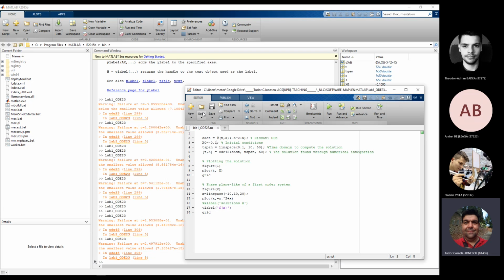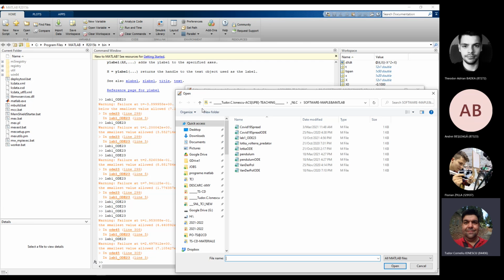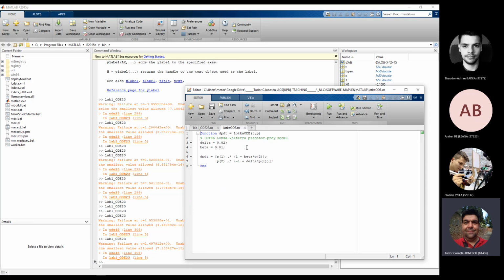Now I'm going to show you numerical integration of more complicated stuff, such as the Lotka-Volterra predator-prey system. In the first file, lotka_ode.m, we define the Lotka-Volterra predator-prey model. Because this is a system of two equations this time, we define the function dp/dt, give it a name, Lotka-ODE, depending on time and on the variable p.